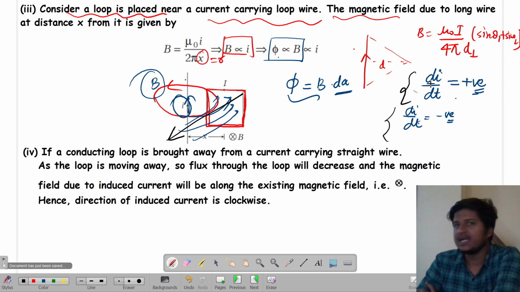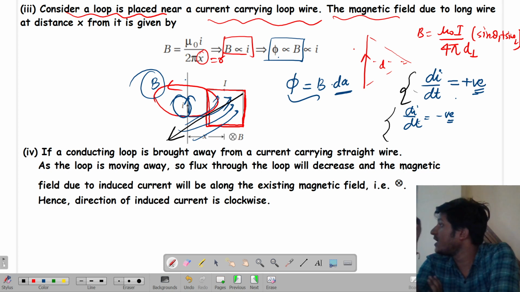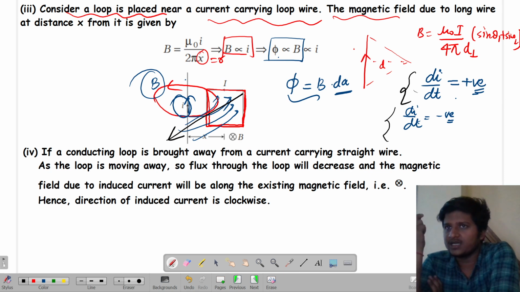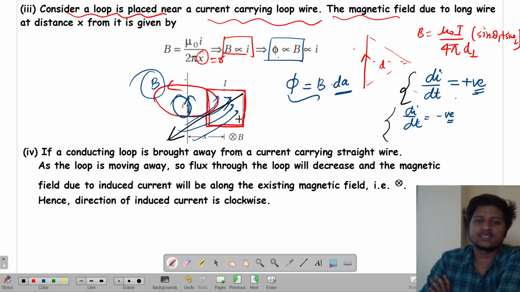Got it or not? Di by dt means what? Change of current with respect to time continuously. In what way? Continuous way. Means for every small second the current should change. Means for even 0.01 second some value of current should increase, for 0.02 seconds some value of current should increase. Then only this kind of case will be possible.